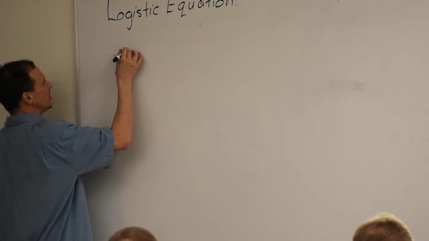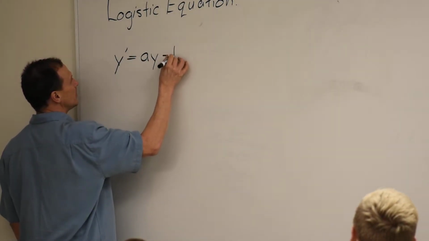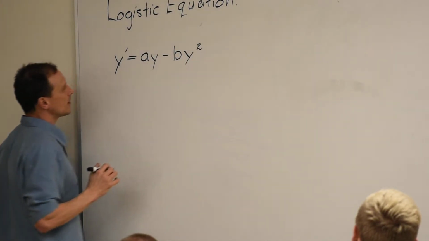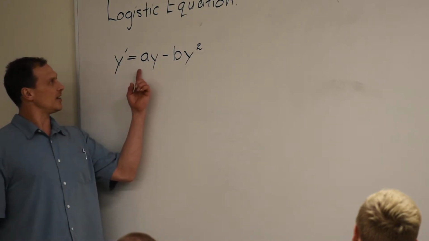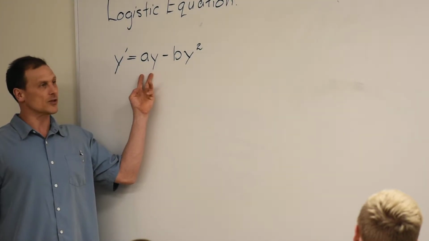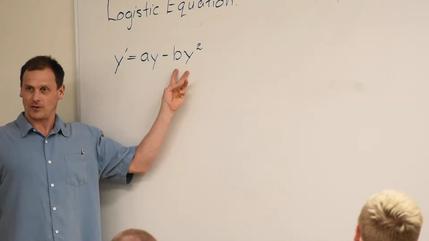We were looking at the general form of y prime is ay minus by squared. And what we said is that this first term gives us exponential growth, but the second term stops the growth.